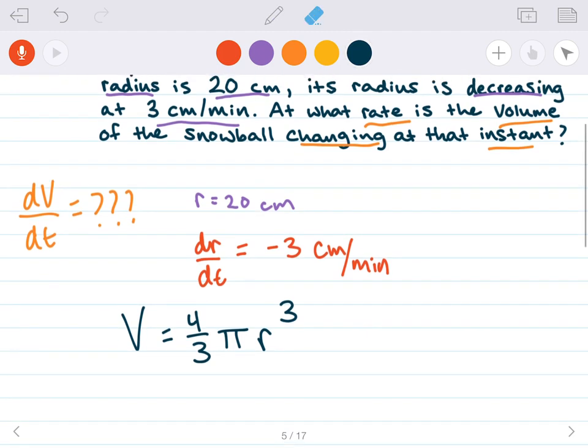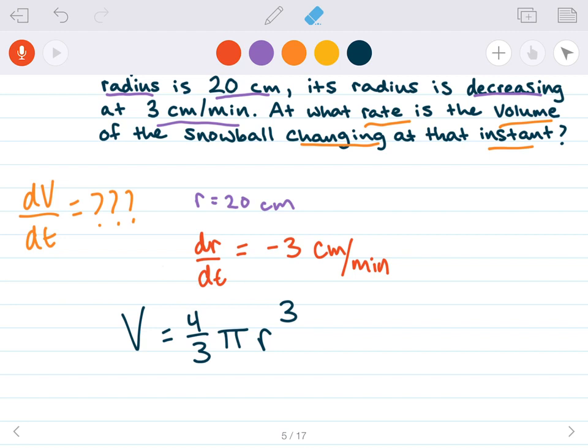So what am I going to do with this? Well, the first thing you need to assume is that the radius and the volume are both functions of time, okay? And that's told to us in the problem. Basically, the radius is decreasing at 3 centimeters per minute, and they're asking us at what rate the volume is changing as well at that instant.